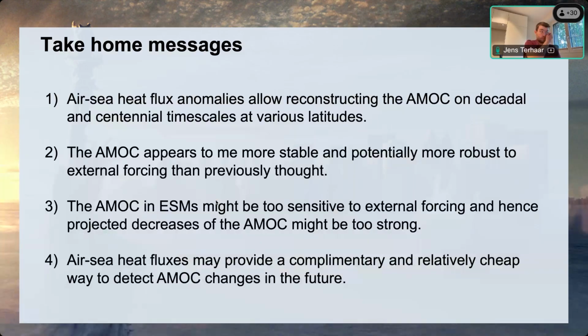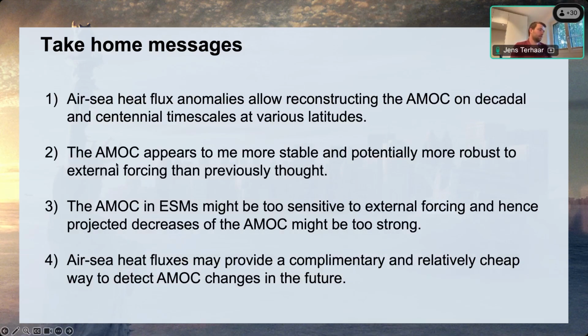So to wrap up, we believe that RC heat fluxes are a better proxy to reconstruct the AMOC on centennial and decadal time scales, and we can use it at various latitudes. Based on the reanalysis RC heat fluxes, the AMOC appears to be more stable and potentially more robust to external forcing than previously thought.